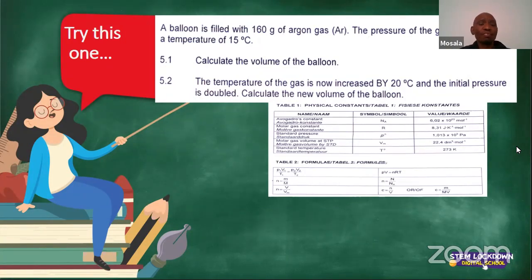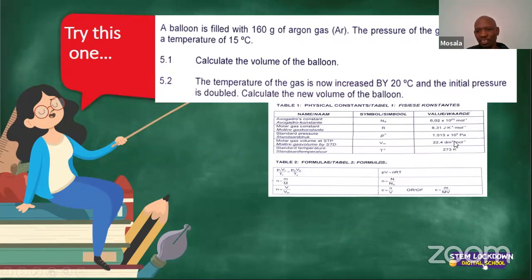But let's start with question 5.1. Calculate the volume of the balloon. From this set of equations, you can try to use this equation. The pressure is given, you are looking for the volume, and R is the universal gas constant, which is this value here, 8.31 joule per Kelvin per mole.